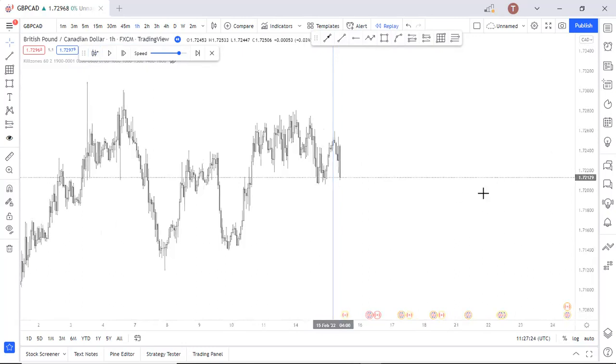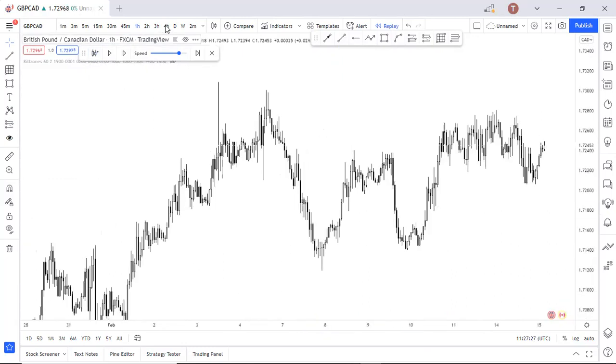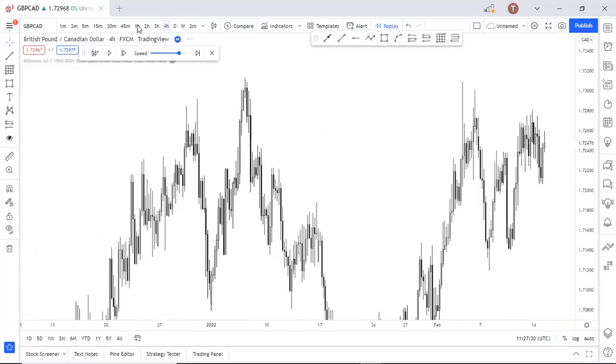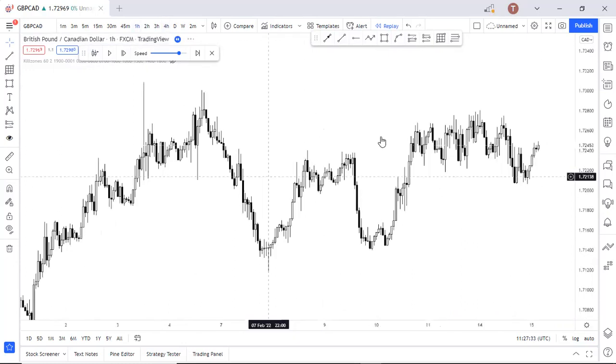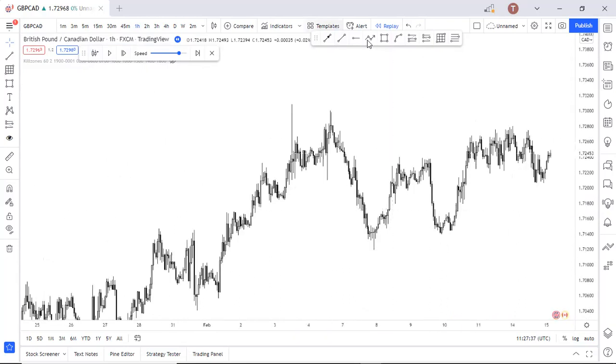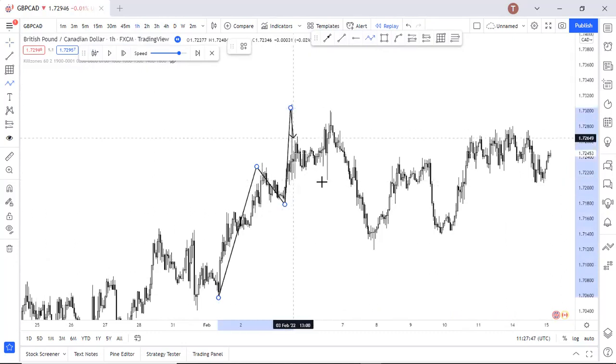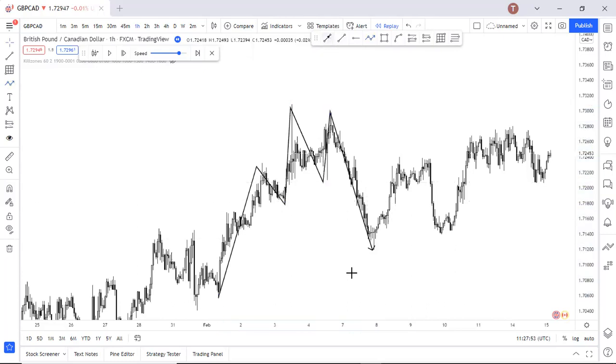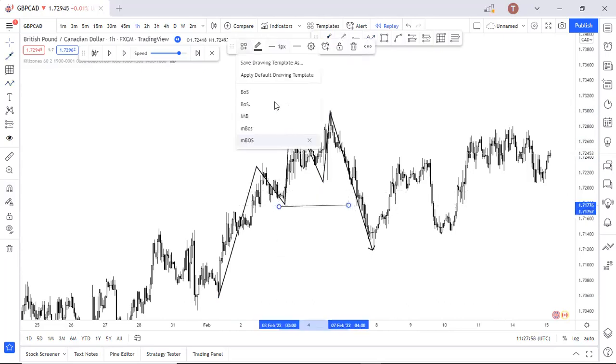On GBPCAD on the 1 hour time frame, we can see that GBPCAD has come from, let's just take from this low, high, low, high, low, high, low. We can see that this has broken below this low, this structural low.